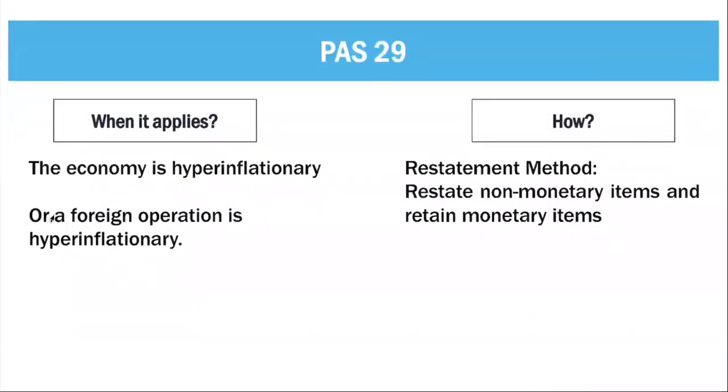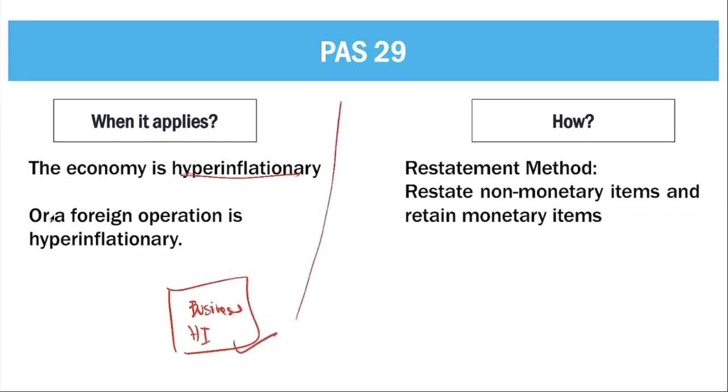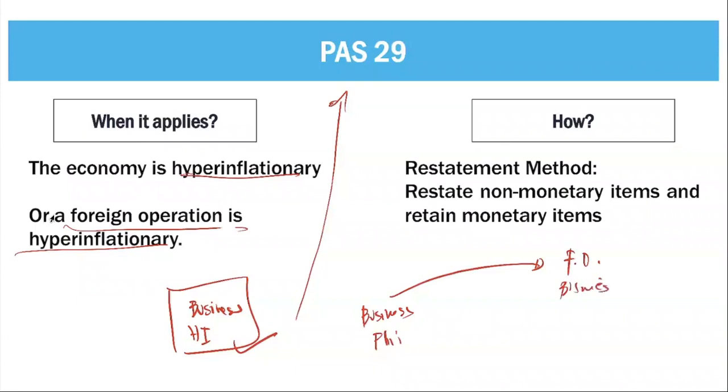So when do we apply PAS 29? We apply it if the economy is hyperinflationary. For example, we have a business which operates in a hyperinflationary economy, then you apply PAS 29. Or your foreign operation is hyperinflationary. So we have a business in the Philippines, and you have a foreign operation, the same business, but in, let's say, a hyperinflationary economy in Africa.